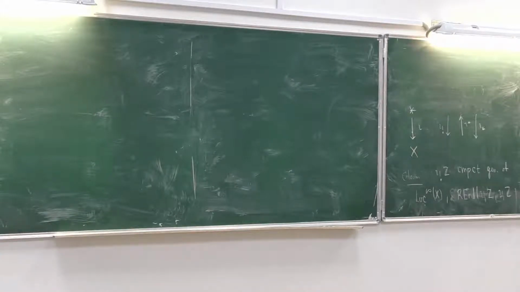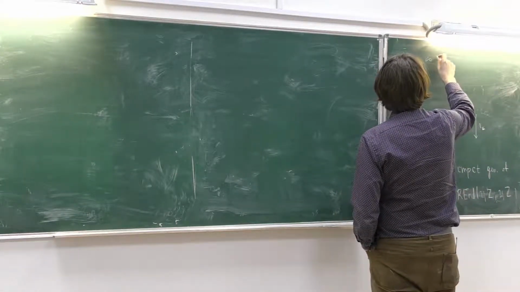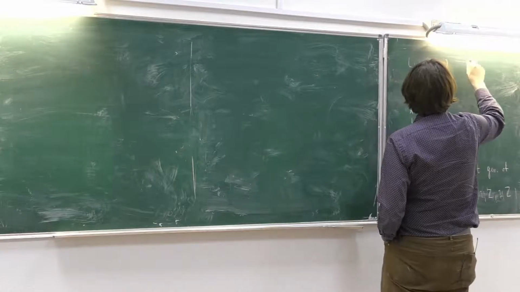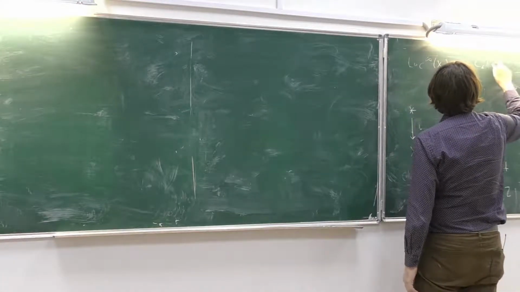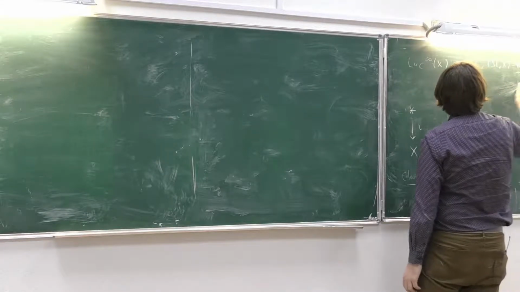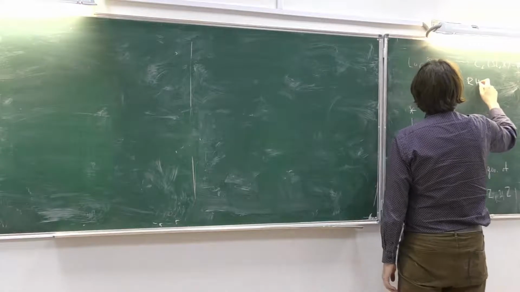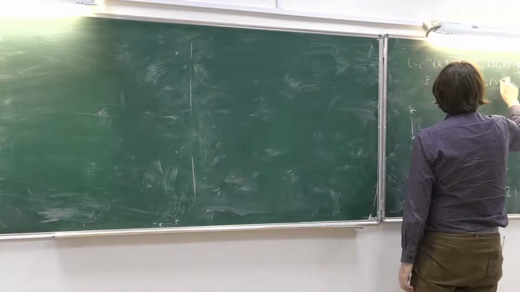This is a kind of base change statement. And third, this equivalence is F goes to RHom out of this object.